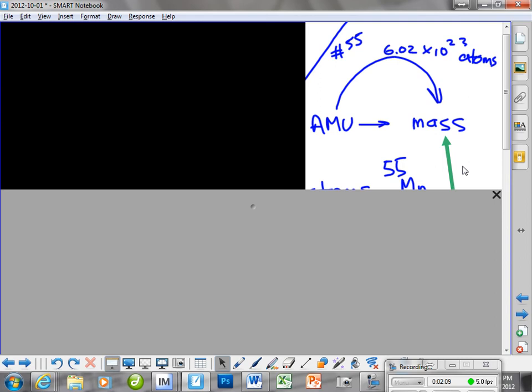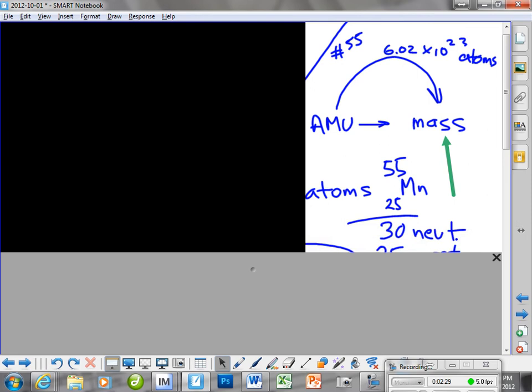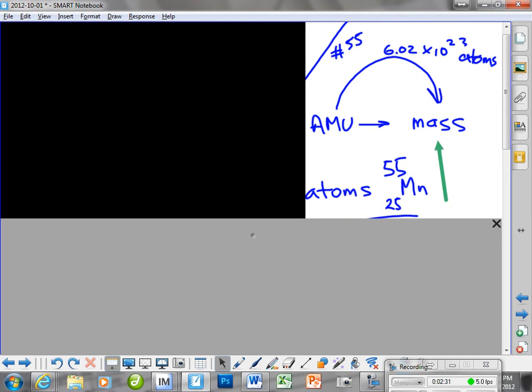Yeah, atomic mass is reported in grams. And the atomic mass that you see on the chart could also be considered AMUs, but normally we use that as grams because that's what we use in all of our calculations as we go through the year. Okay.